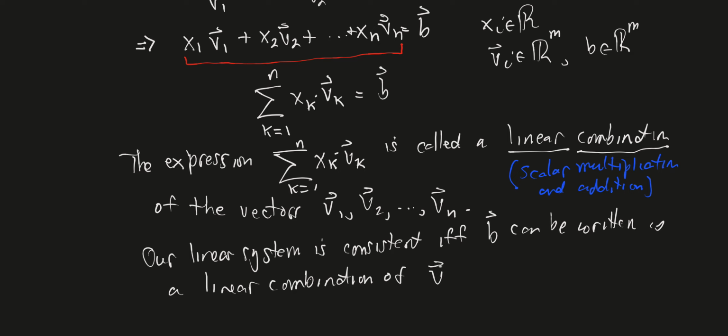And again, these vectors just make up the columns in my coefficient matrix, the v1, v2, dot, dot, dot, vn.